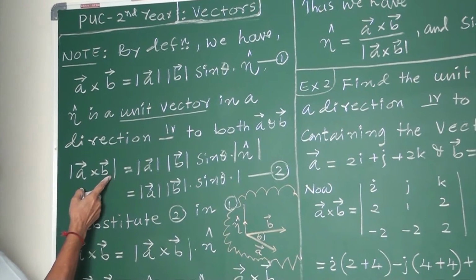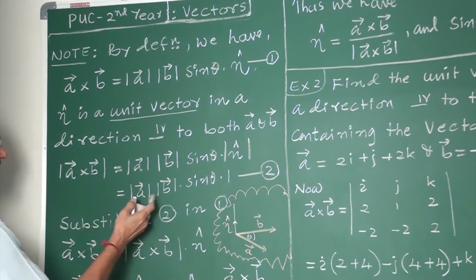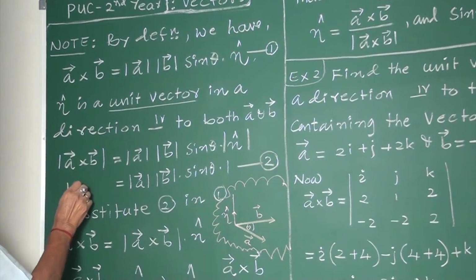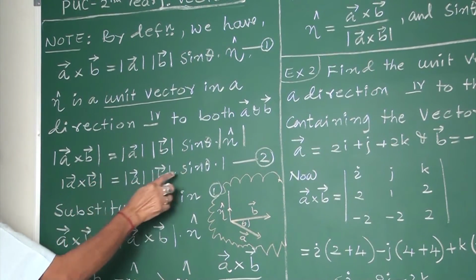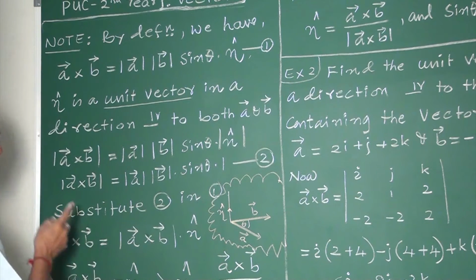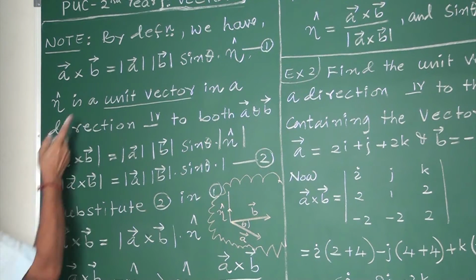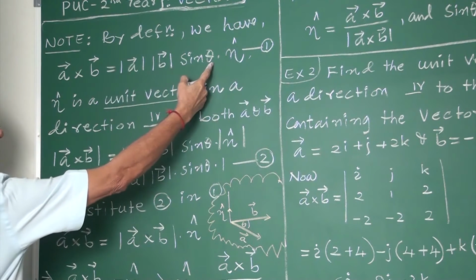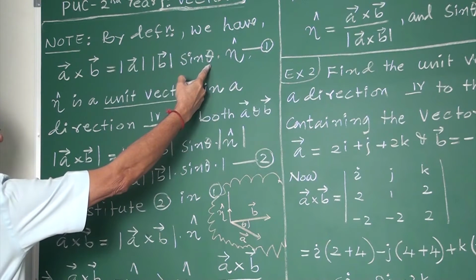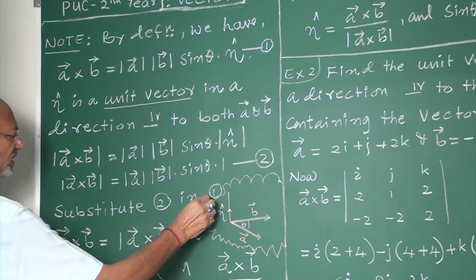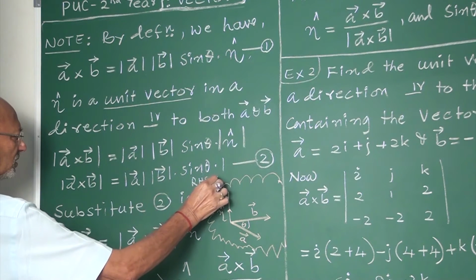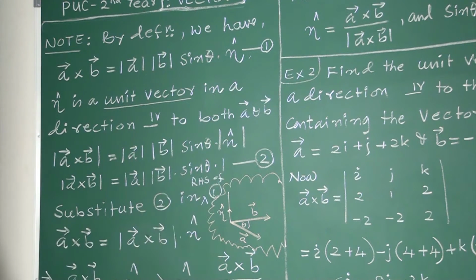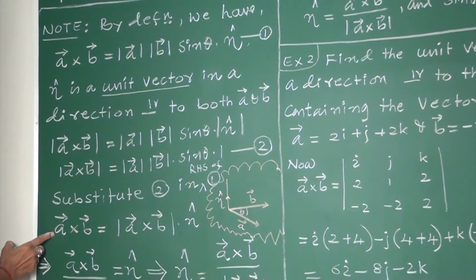Therefore, magnitude of A cross B equal to magnitude of A into magnitude of B into sine theta. Substitute this value 2 in 1, in the RHS of 1, A cross B is the LHS.